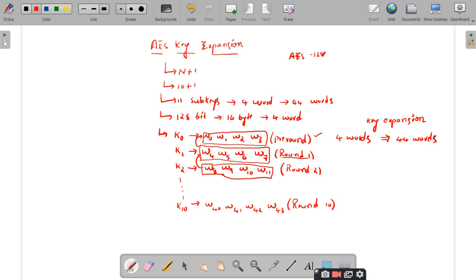So round 10 is dependent on round 9. This is very important that you should understand, right? Is it clear up to this point? The simple point is the key that we are going to use for each and every round in AES is dependent on its previous key. Clear? Yes, sir.